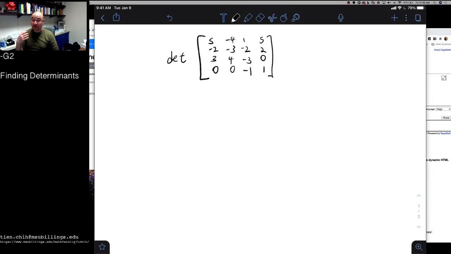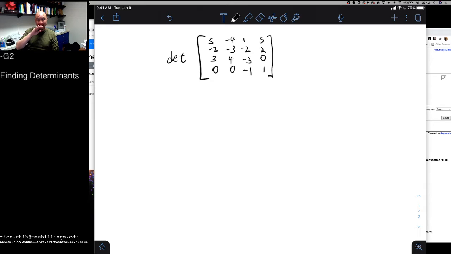So just as a brief recap of what we're allowed to do, you can swap rows or swap columns, and that'll change the sign of the determinant. You can scale a row, and that will scale the determinant by that amount.